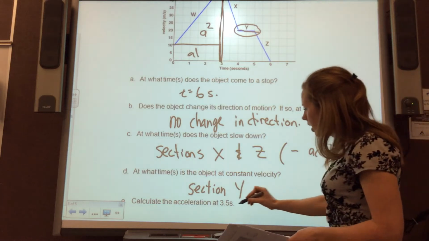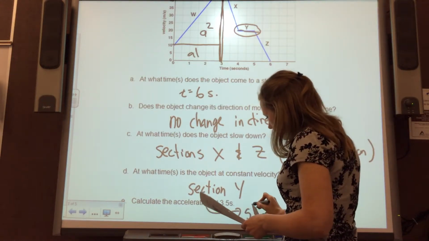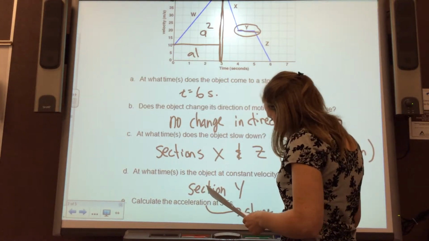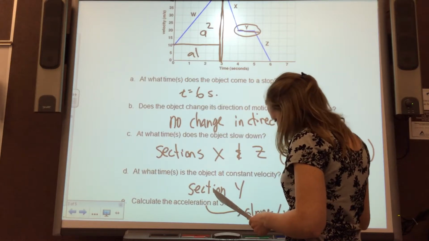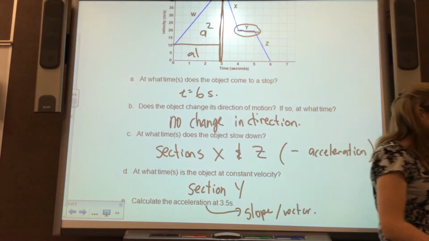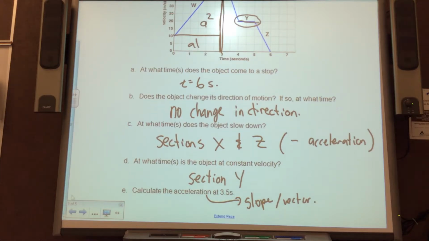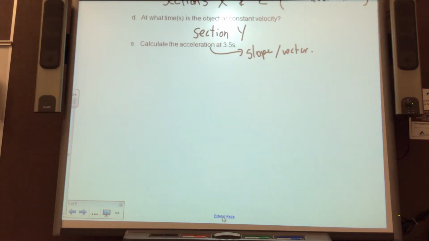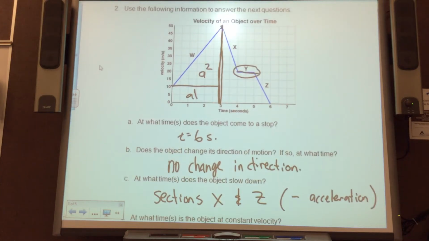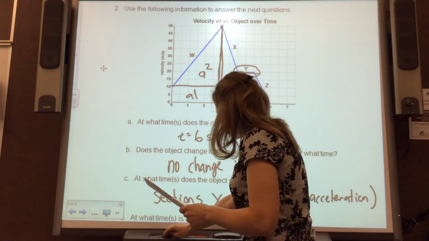So, acceleration means this is finding the slope, and it's a vector. So, let's scroll down and do that. Okay, so at 3.5 seconds, I need 2 points, because I'm going to find slope. So I'm going to label these points.